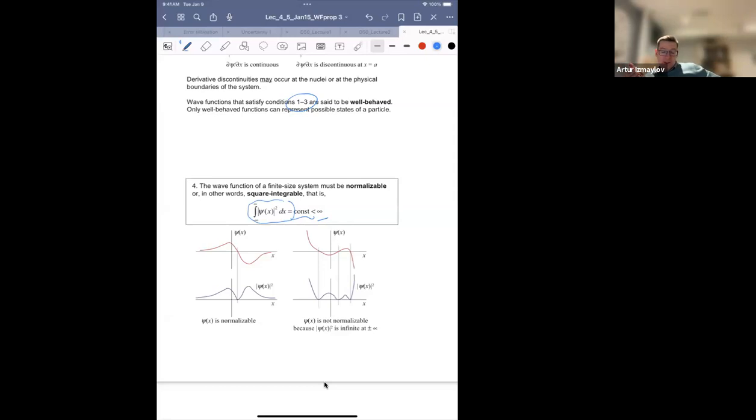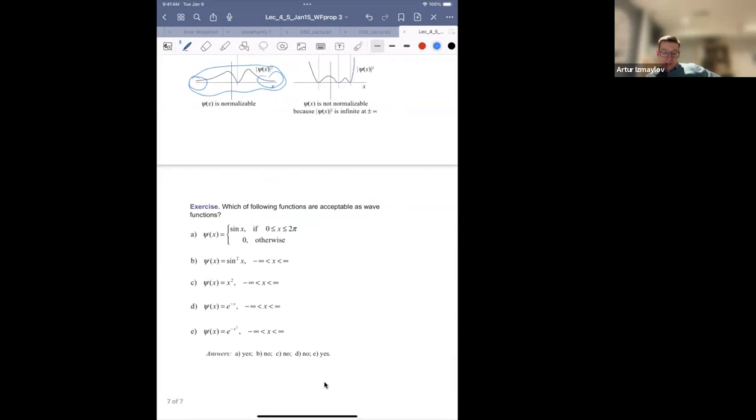It's usually finite in space, and space is infinite. So in order to have this condition, functions usually should decay to 0 at large values of the spatial coordinates. So functions like this are fine, because you see it's decaying at the tails. But functions which are growing are not fine, because then you get a divergence of the integral.